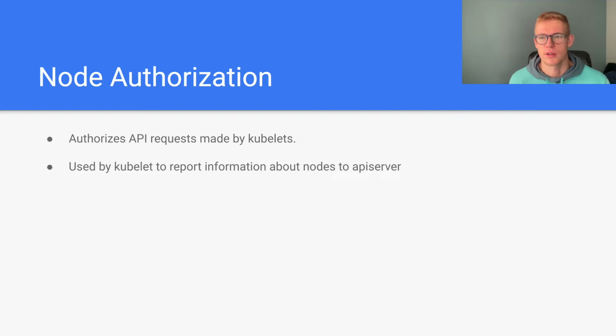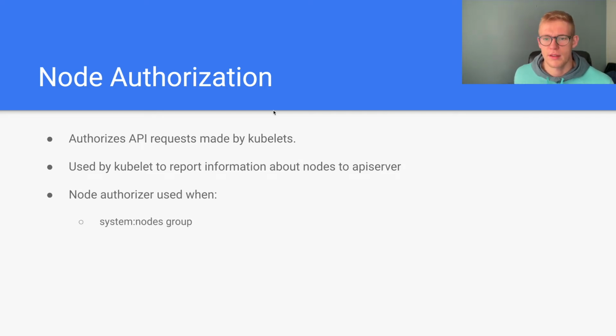So the kubelet will be authorized to read information about the node, and then that information will be written back to the API server and updated in terms of the node object. So the node authorizer is used when the group is set to system:nodes and the name of the user is prefixed with system:node.